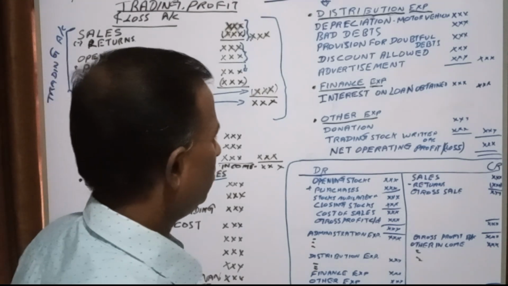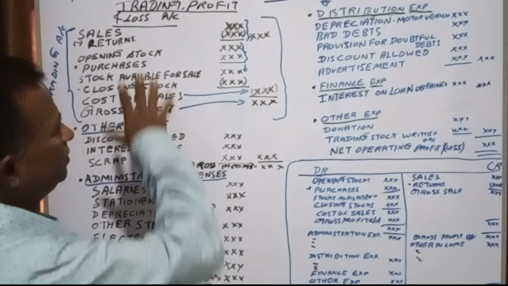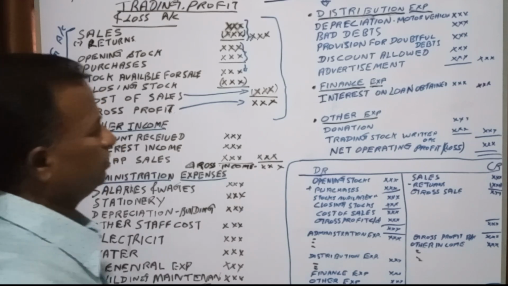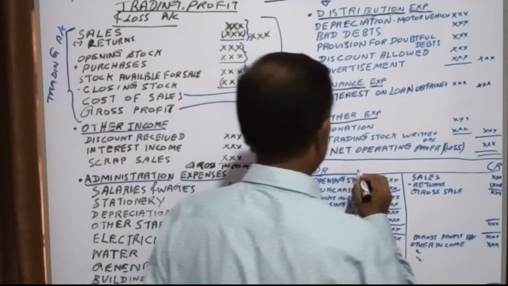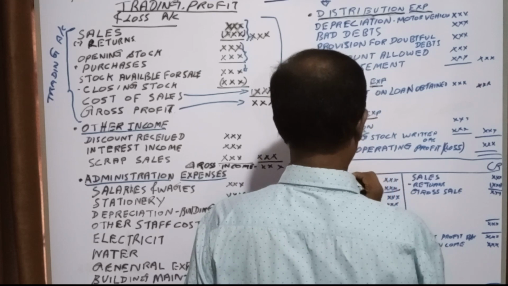Now I want to show you the T format of this vertical profit and loss account. Right? This is trading.